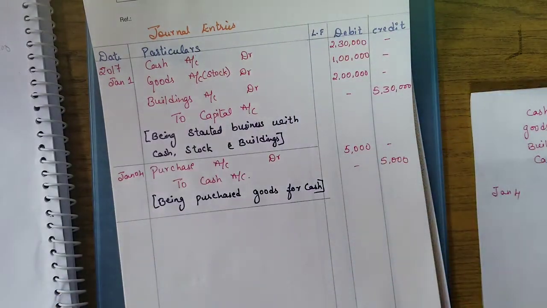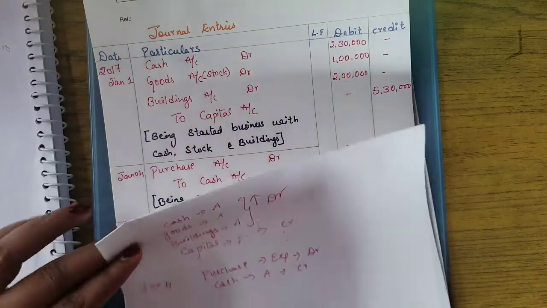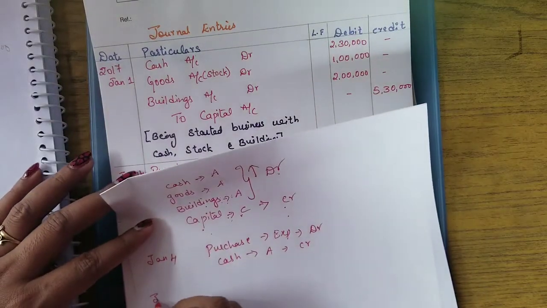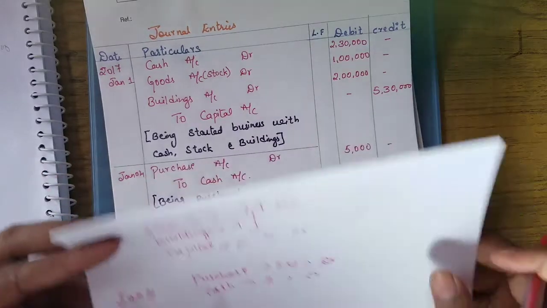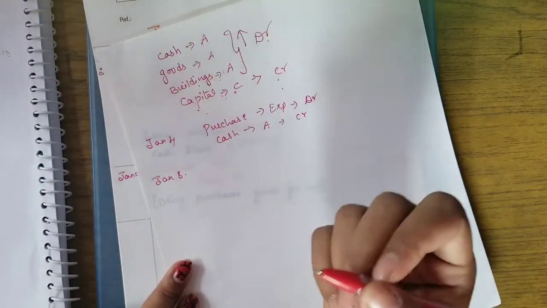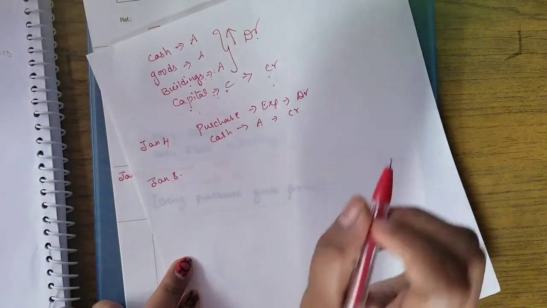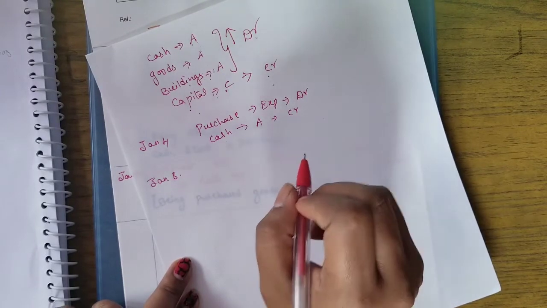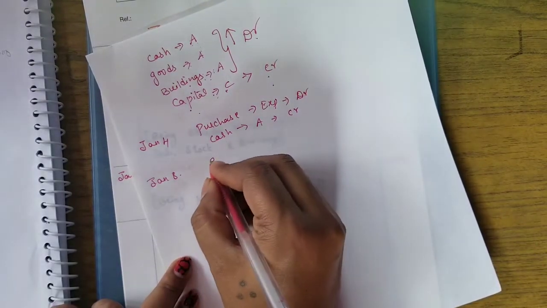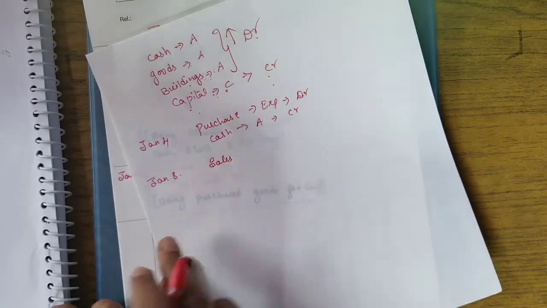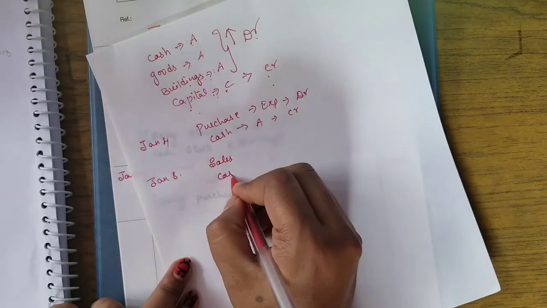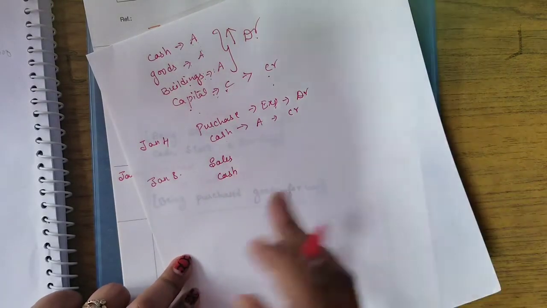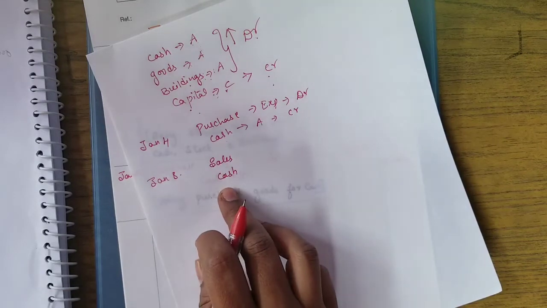Next, moving on to the next entry, that is on January 8th. Very important, look here. Sold goods costing rupees 30,000 at rupees 35,000. Sold goods, obviously there is sales, and you are selling for cash itself. There is no name of any person. So I am taking sales and cash.